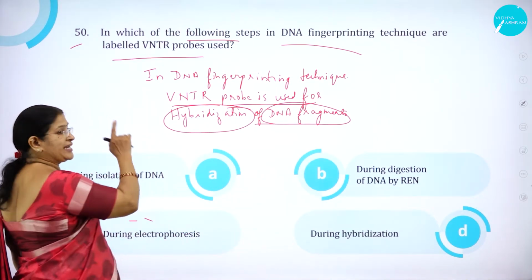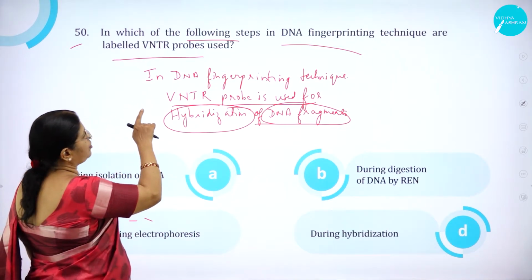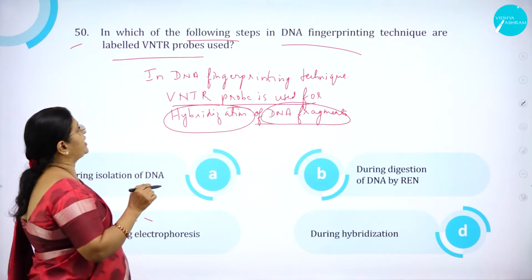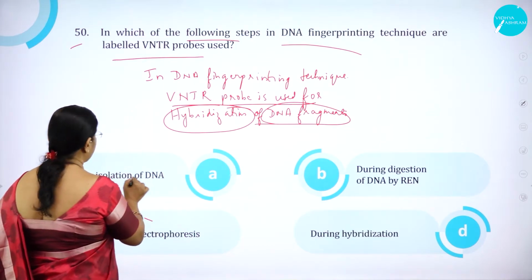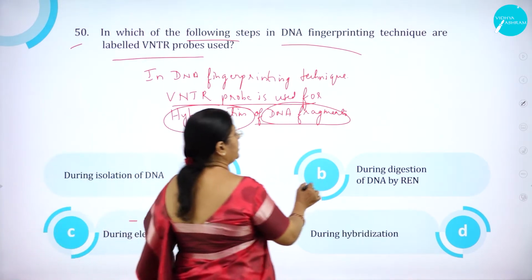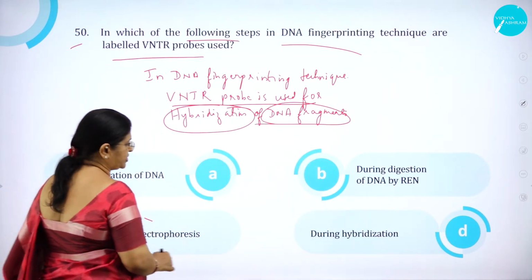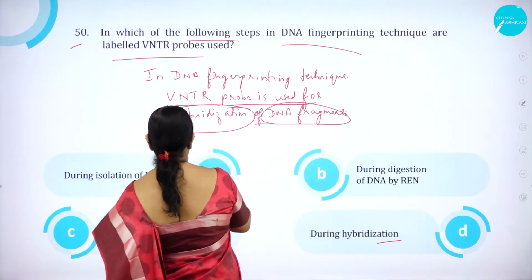Option A, during isolation of DNA. B, during digestion of DNA by RNA. C, during electrophoresis. D, during hybridization.